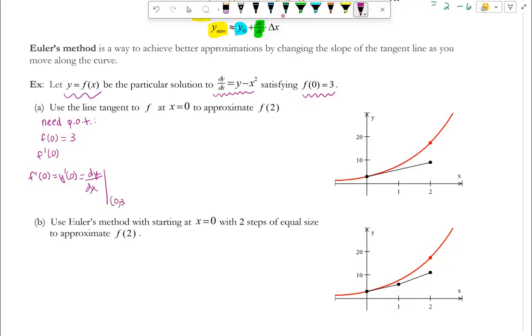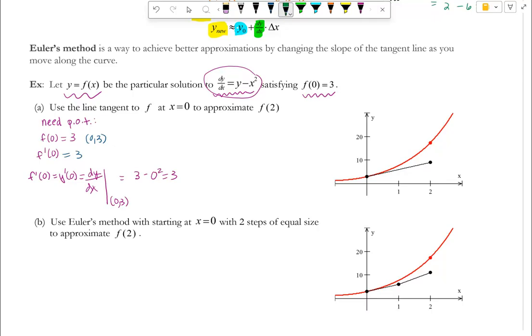So when x is 0 and y is 3. We could find that really easily using our dy dx equation here. So that's just going to be y minus x squared, so 3 minus 0 squared, which is 3. All right, so we have that our point of tangency is, again, at 0, 3, and our slope is also 3, and that's all the information we need to make our tangent line.